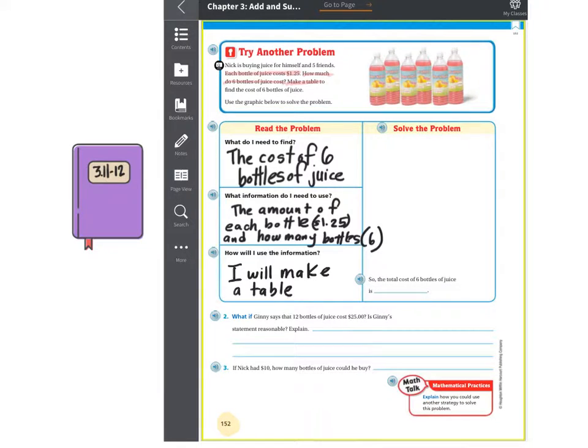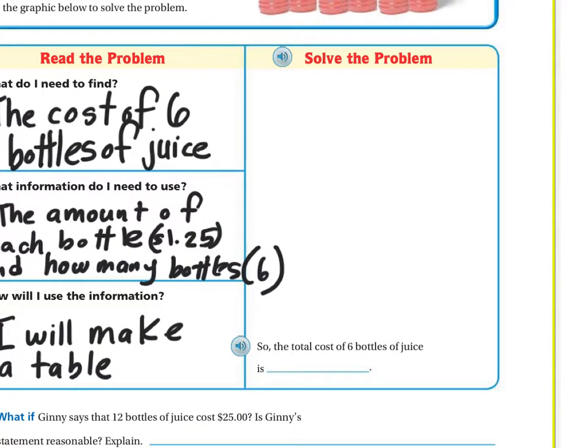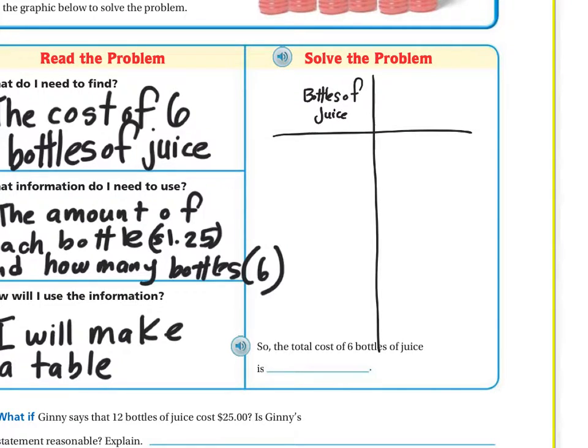I'm going to zoom in a little bit. We're going to have our bottles of juice, and then this is going to be the total cost.